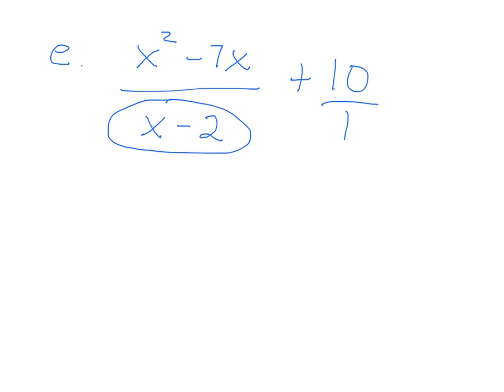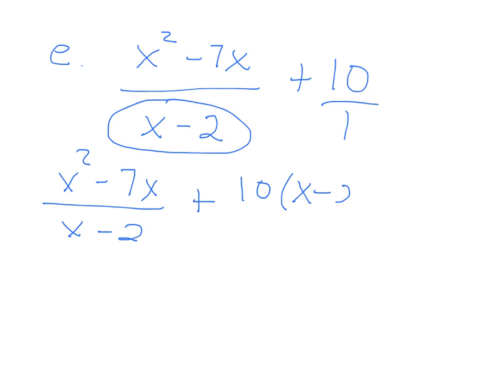We can just put it over 1. So 1 times x minus 2 is x minus 2. That's our common denominator. So x squared minus 7x all over x minus 2 plus 10 times x minus 2 over x minus 2. And you'll notice x minus 2 over x minus 2 is 1, and you could cancel those, but you'd get back to where you started, which you don't want to do.